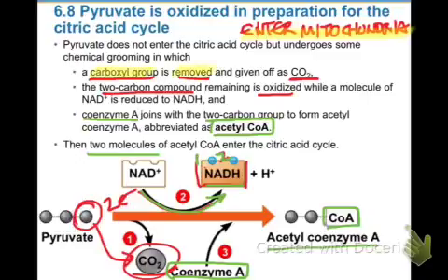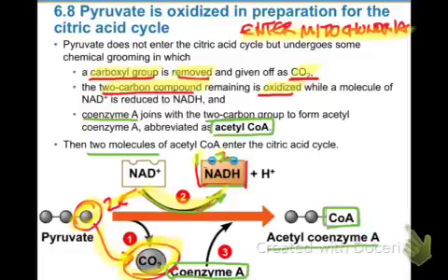Here again, a huge deal. If we take one of these carbons, it's given off as CO2. So it's oxidized in that process. Now you have a 2-carbon compound, and it's oxidized, which means that we're stripping away 2 electrons, and we're forming NADH. There's only 2 electrons, 1, 2.